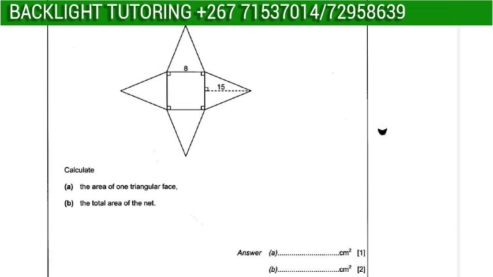Yeah, question 6 says the diagram shows a square-based pyramid. The length of the side of the square base is 8. The perpendicular height of each triangular face is 15 cm. Calculate the area of one triangle. Remember, area of triangle equals half times base times height.